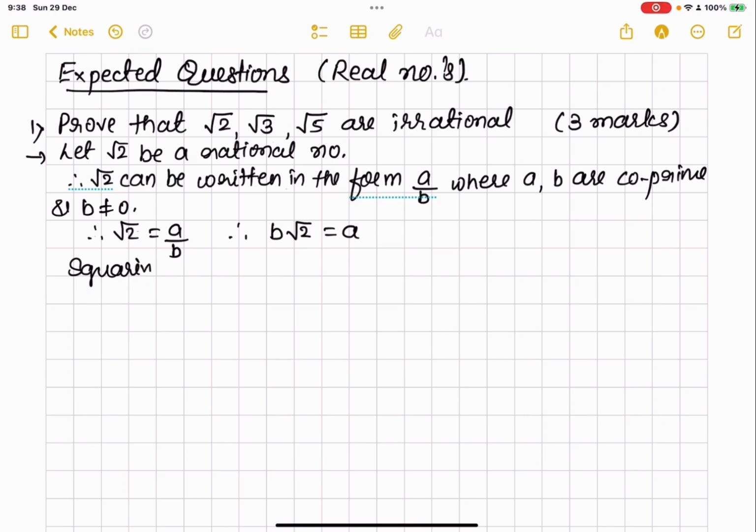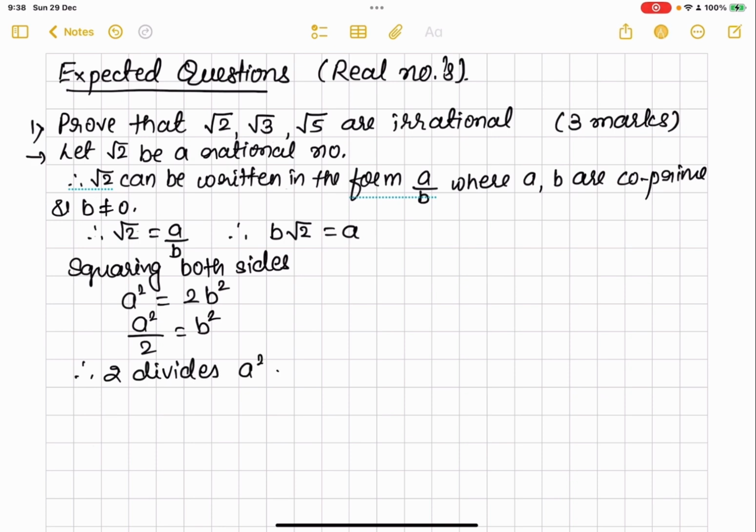Now, squaring both sides, I will have A square equal to 2B square. Now, A square upon 2 will be equal to B square. So therefore 2 divides A square.